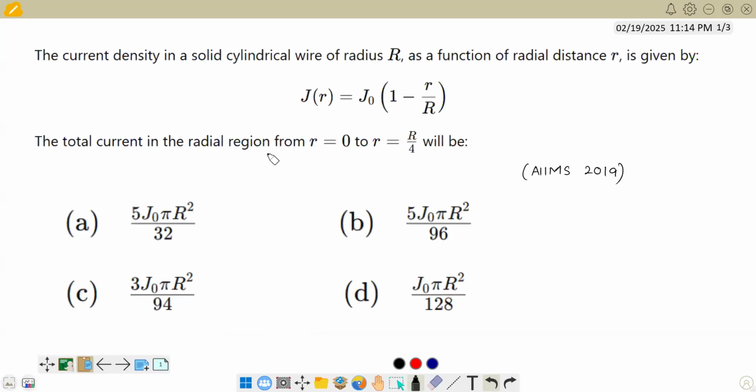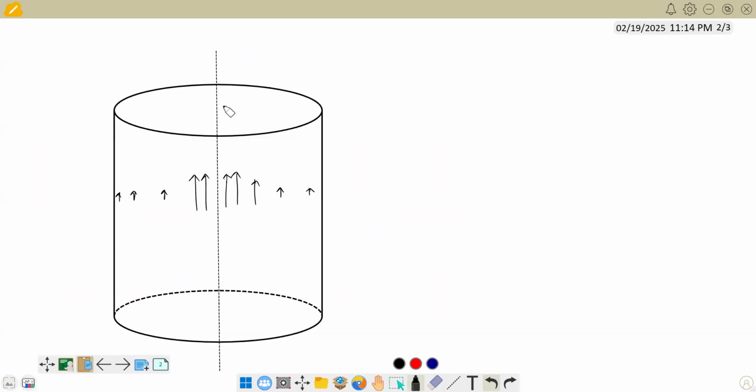He's asking us to find the total current in the region from r equals 0 to r equals R by 4, from the axis to a distance of R by 4. Since the current density is changing, it's a variable, we will use the concept of integration.